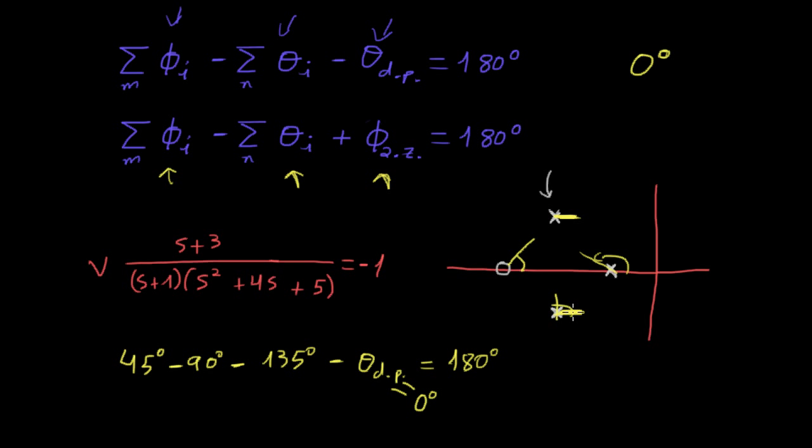and it does the same for this pole because of the symmetry. Therefore, the negative root locus leaves the pole in the opposite direction, and you can complete the root locus. It's something like this.